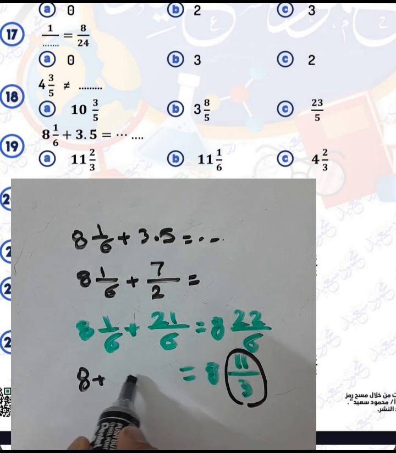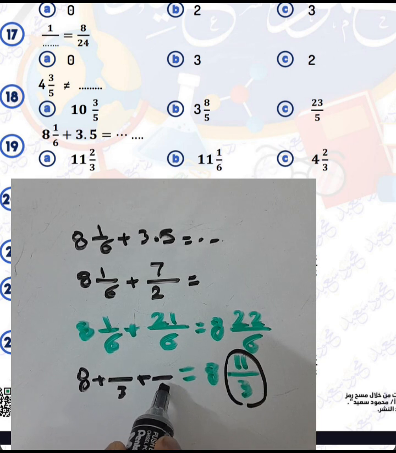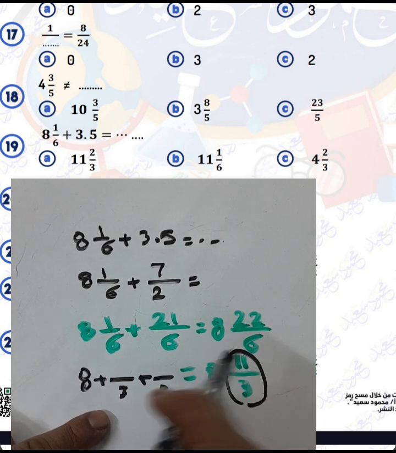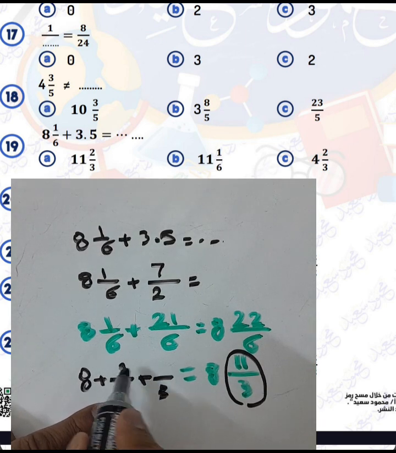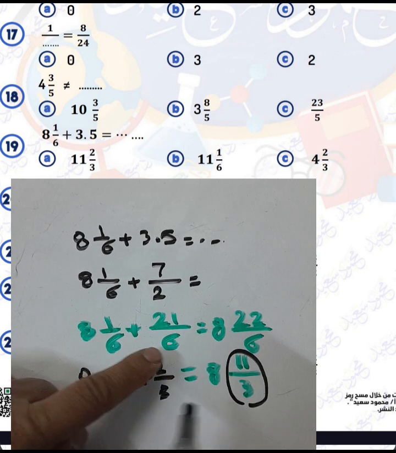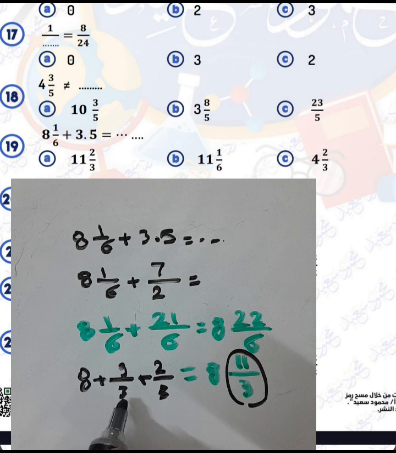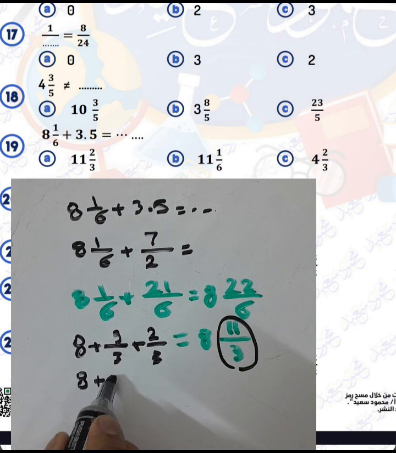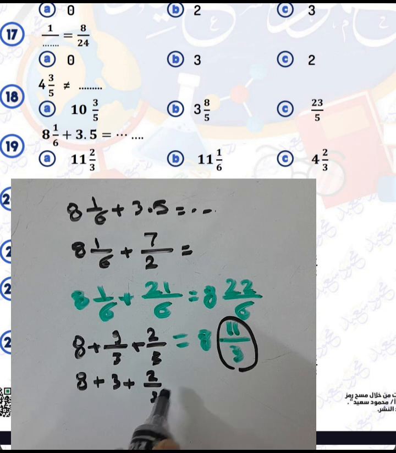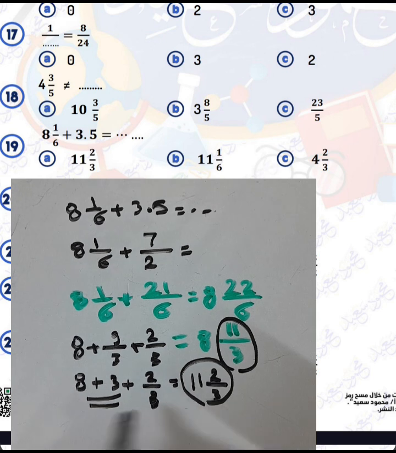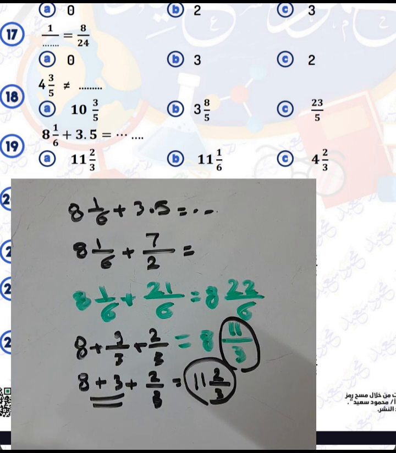You can write 3 here, and the last number can divide by 3. It will be 9, and write 2 because 9 plus 2 equal 11. And then we know 9 divided by 3 equals 3. Then the result will be 8 plus 3 plus 2 over 3. 8 plus 3 equal 11. Then you can write 11 and 2 over 3. It's the result of this example.